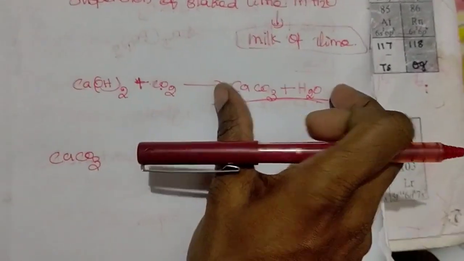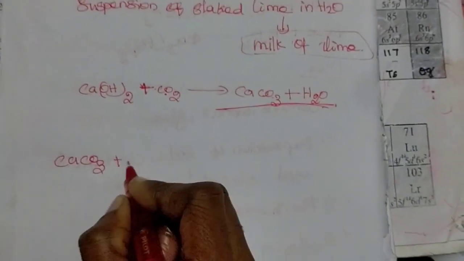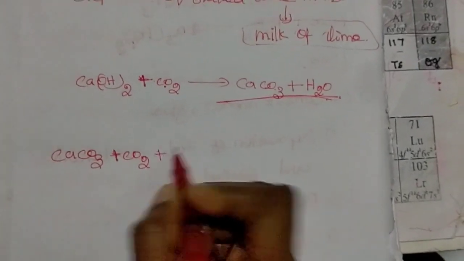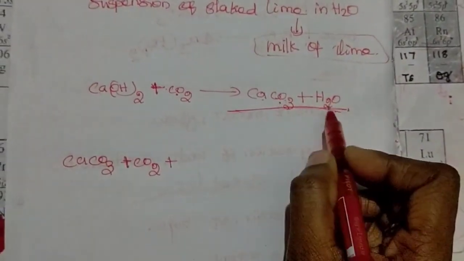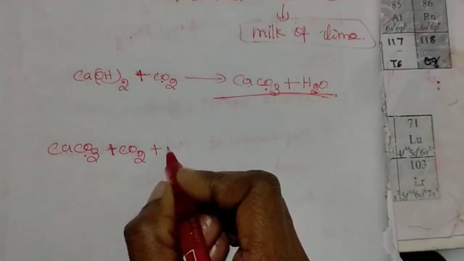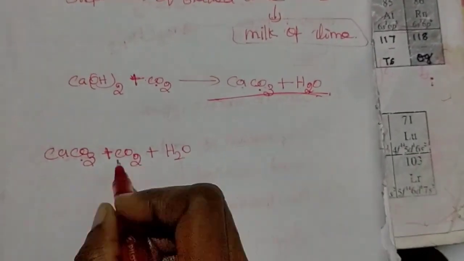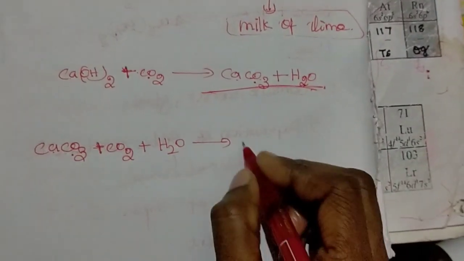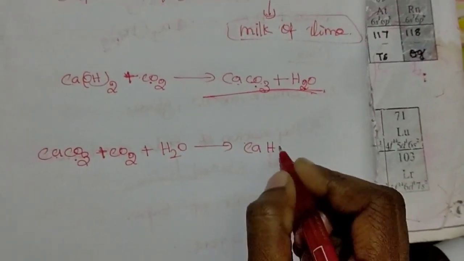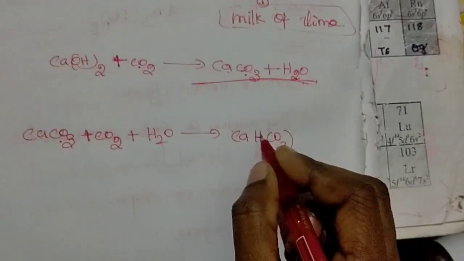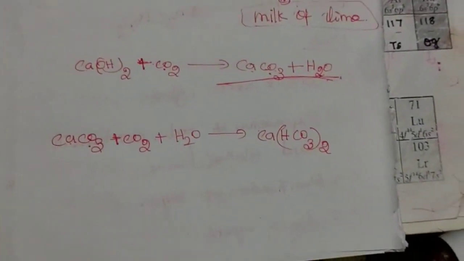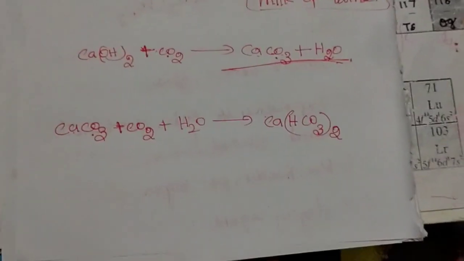That means this solution also reacts with excess carbon dioxide. The solution contains calcium carbonate and water, so calcium carbonate plus water treated with carbon dioxide forms calcium hydrogen carbonate. So this is the reaction to form calcium hydrogen carbonate.